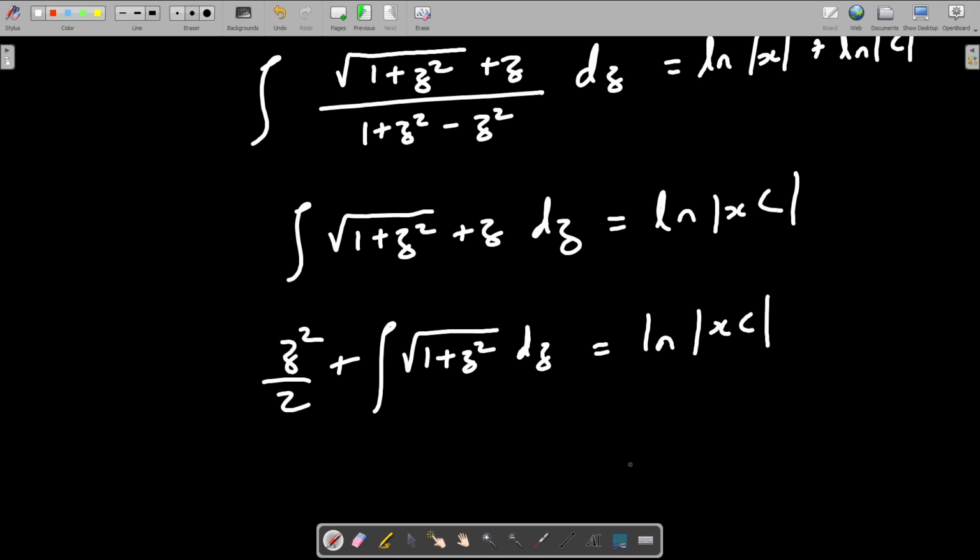Right? Do you all have a formula for this? There is a formula for this, right? This is one of the 9 standard integrals which we have.